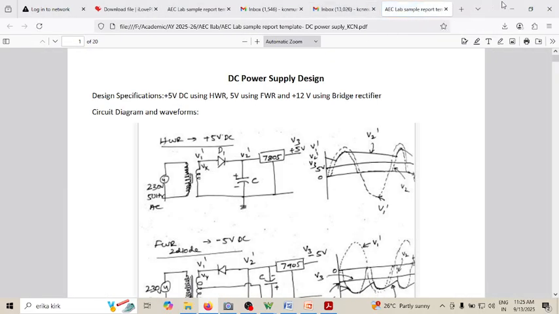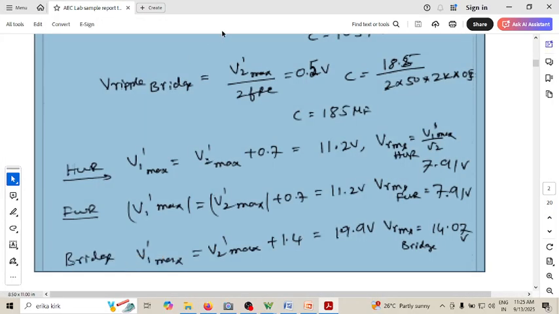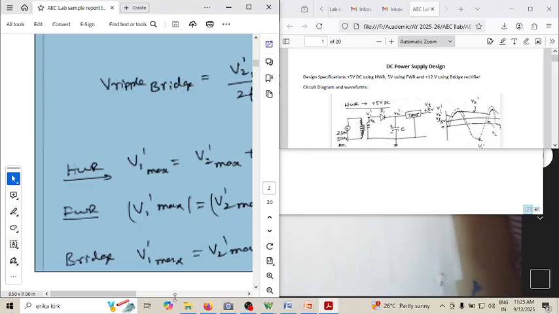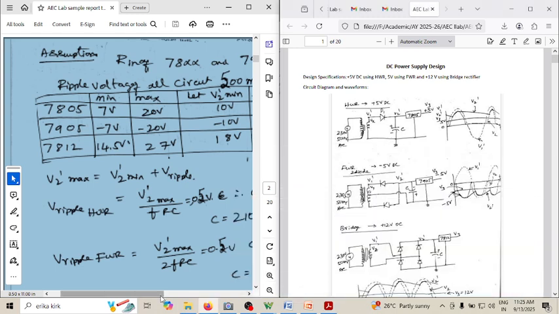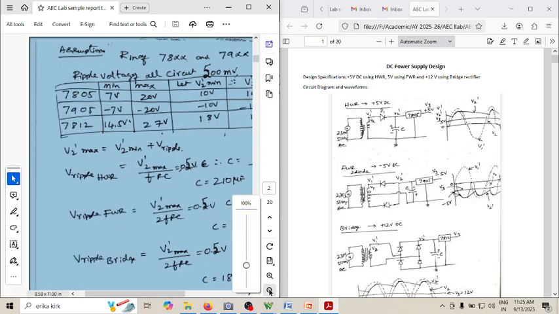When I'm explaining this, I'm referring to the circuit diagram and these waveforms. Now let me further reduce this.